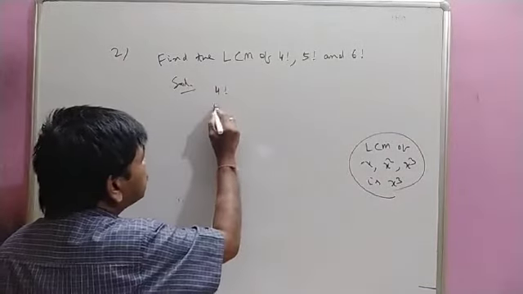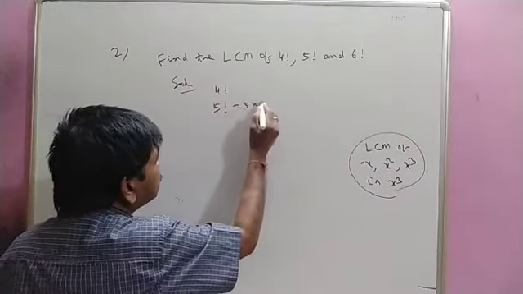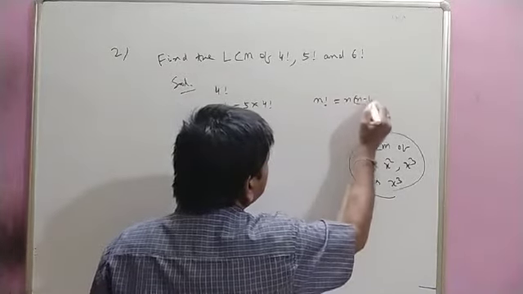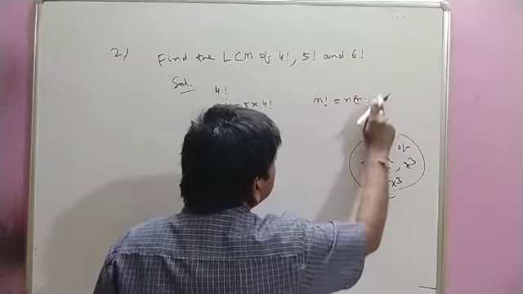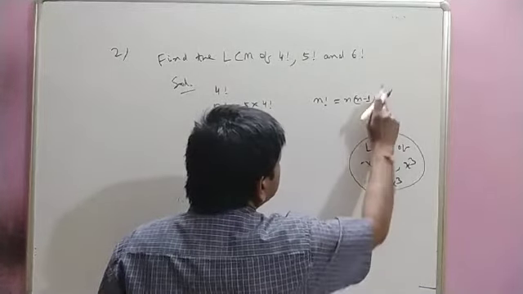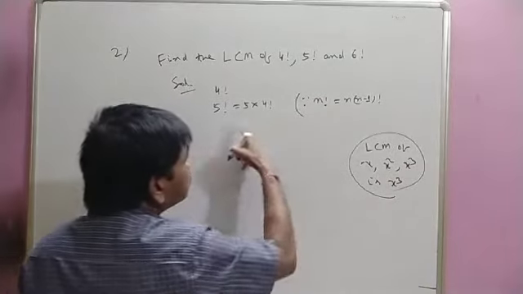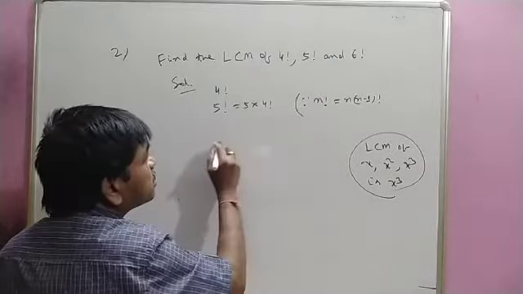So 5 factorial you can write as 5 into 4 factorial, because n factorial you can write as n into n minus 1 factorial. This formula I have already told. Understood? So 5 factorial is 5 into 4 factorial.